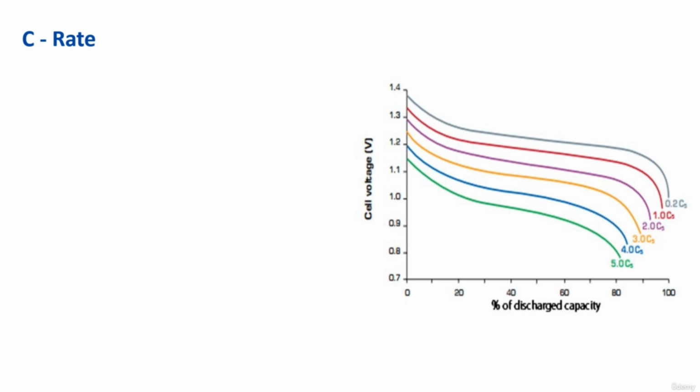Because the total charge or discharge time depends on both the current and the battery capacity, the charge or discharge rate is often expressed in C rate, which takes into account the capacity of the battery. The Cx rate represents the current to charge or discharge the battery to its full capacity in X hours.